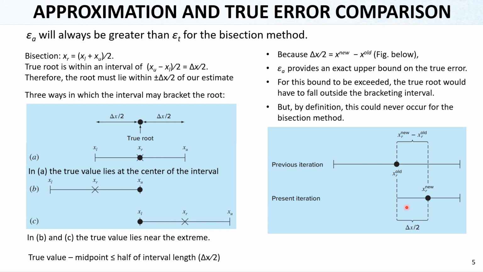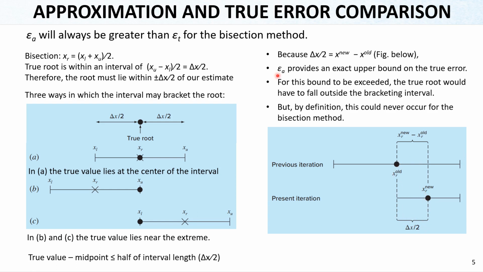The upper bound stays the same, and now we can again halve the range and we get the x new value. So this is x old, this is x new. The difference between them is this distance, which is always delta x divided by 2.